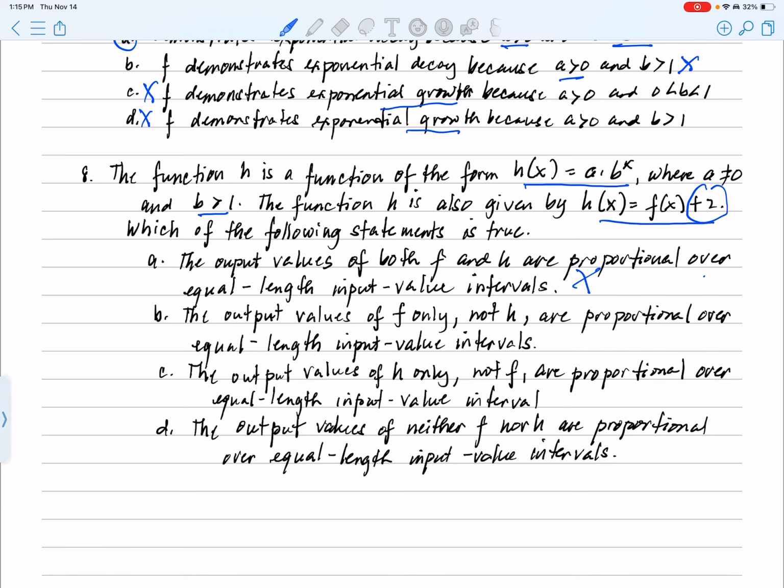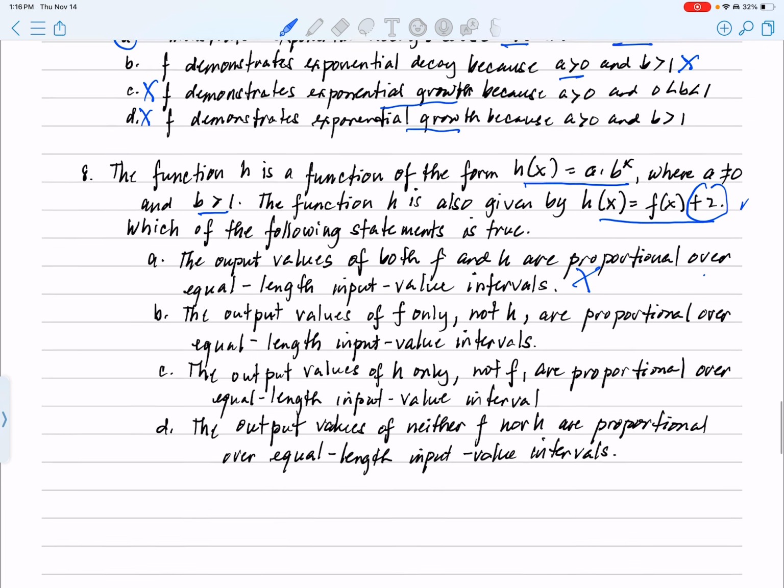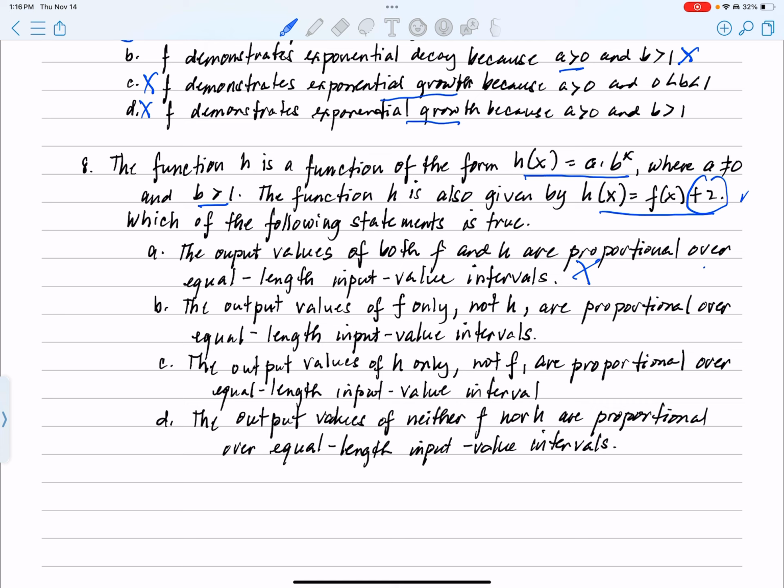The output values of f only, not h, are proportional over equal length input value intervals. f only? No, it's not. The output values of h only, not f, are proportional over equal length input value intervals. Correct.